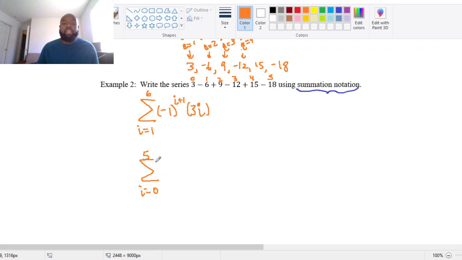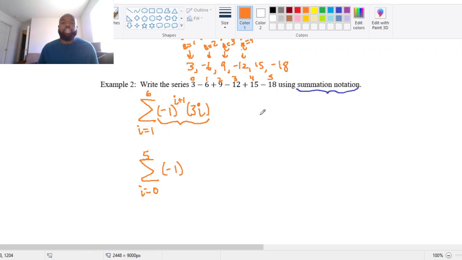Not only do I have to make that adjustment here, but I also have to make that adjustment in my general term. And so here, I'm going to have negative 1. Now, when I plugged in 0, I wanted to get a positive outcome. Notice here I had i plus 1. Well, if I plug in 0 there, I am going to get 0 plus 1, which is an odd number.